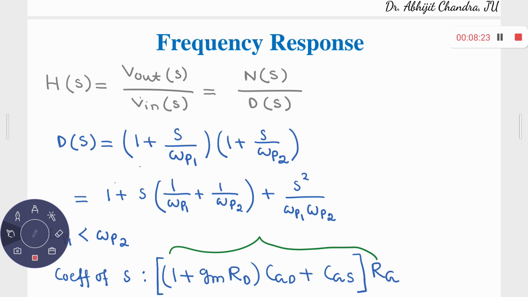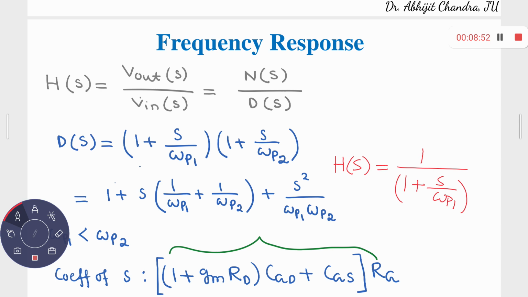Initially, when s is very small, once again let me consider that particular formula. Let's assume that H(s) is given by 1 upon 1 plus s by omega p1. Suppose you have only one such pole frequency. Now when s is very small, at low frequency, obviously you understand the nature of that transfer function.